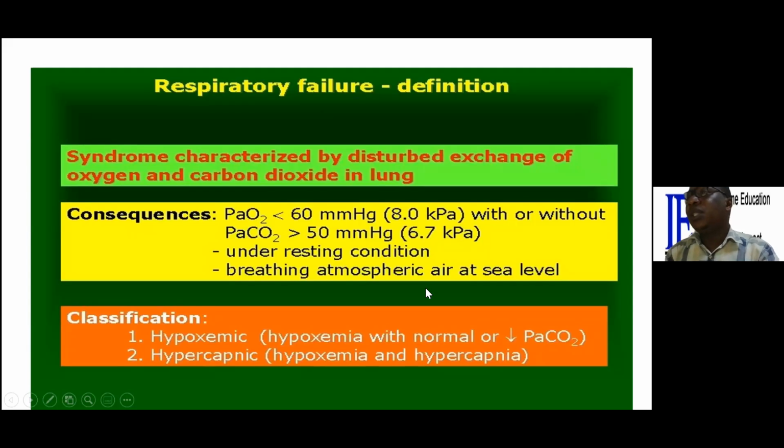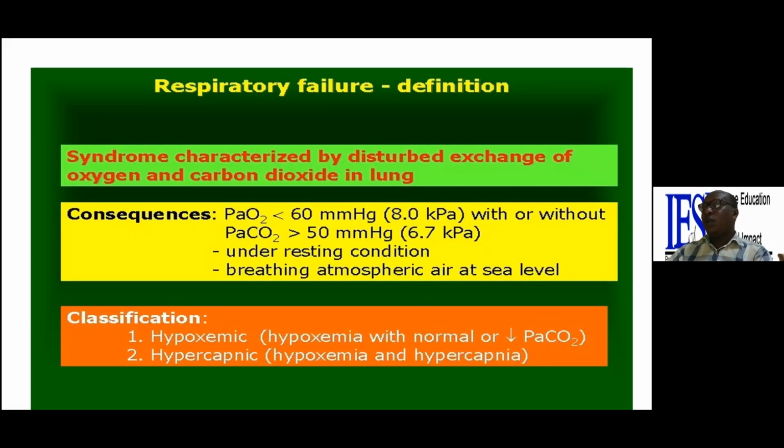In this condition, this syndrome of both disorders is characterized by disturbed gas exchange, especially, as I said, oxygen and CO2. The main consequence is that your arterial pressure of oxygen will be very low, below 60 millimeters of mercury.